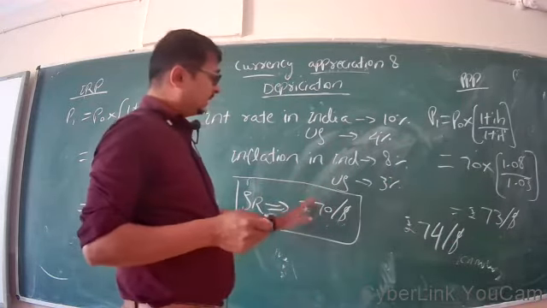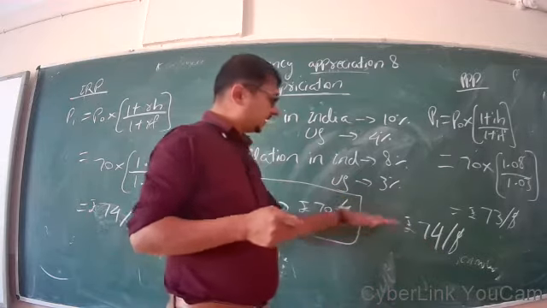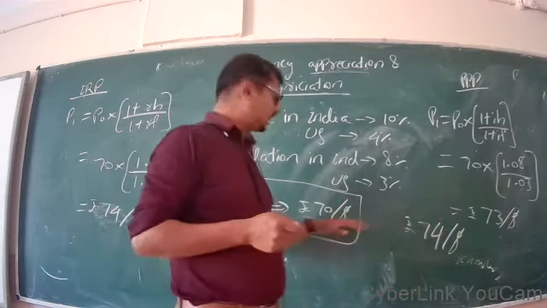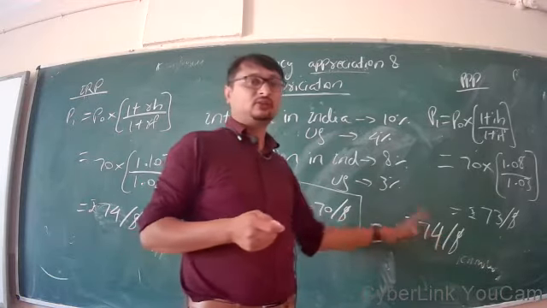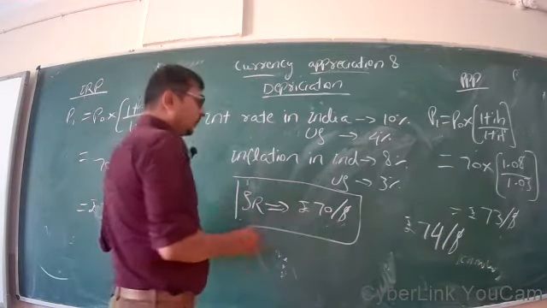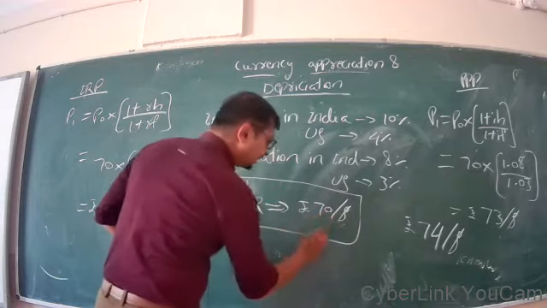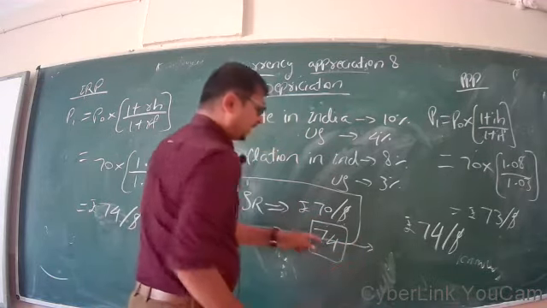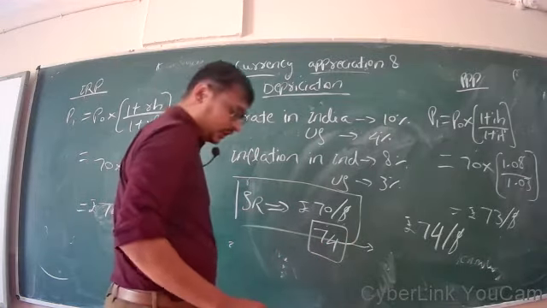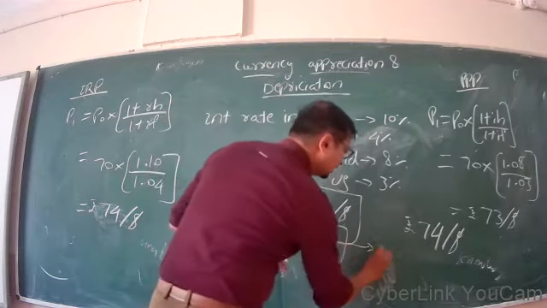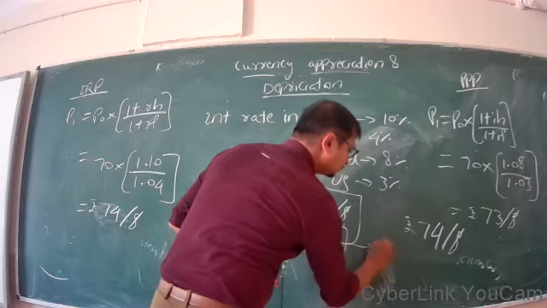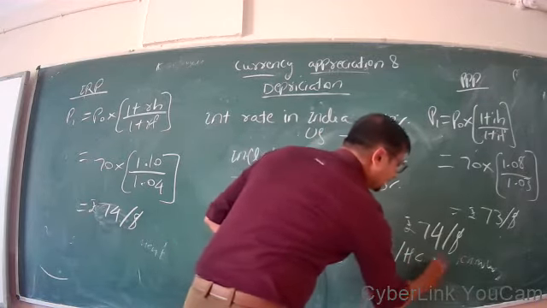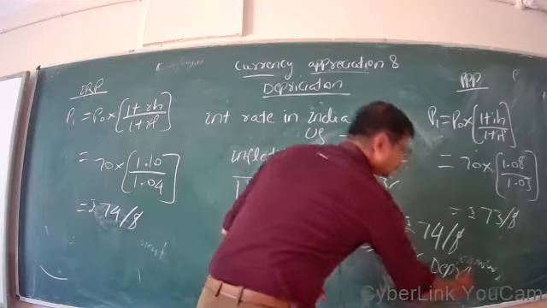It looks like the rupee has increased against the dollar, right? It has gone from 70 to 74. But when 70 becomes 74 per dollar, we call it rupee, or home currency, depreciation.